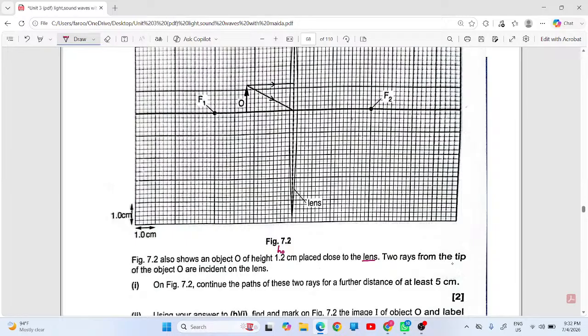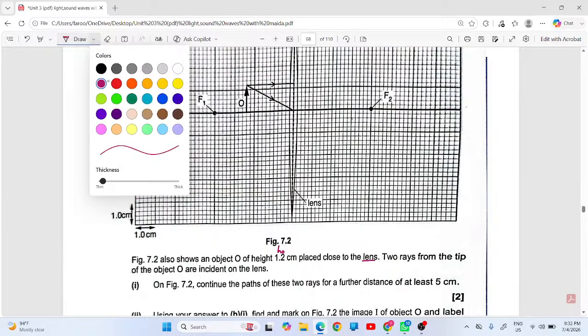This is h_o, the height of the object, placed close to the lens. Two rays from the tip of the object are incident on the lens, two light rays उन्होंने draw की. On figure 7.2, continue the path of these two rays for a further distance of at least 5 centimeters. आपने इनको extend करना है.